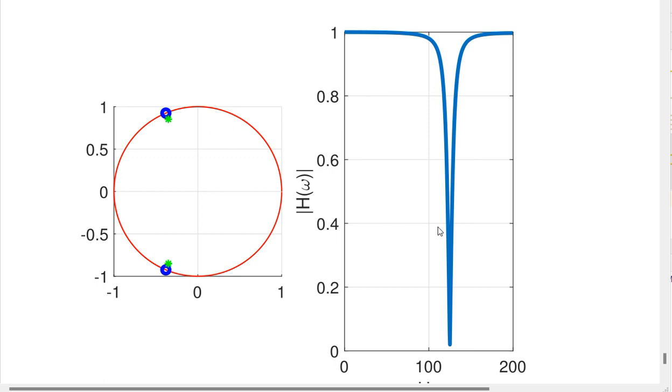And here is the frequency response of the band stop, with two zeros on the unit circle near the poles, in green color, but the poles are inside the unit circle, because a pole cannot be on or beyond the unit circle for a causal stable system.